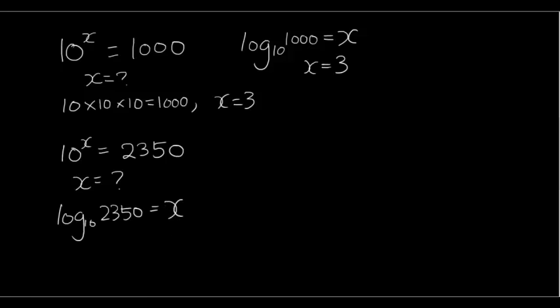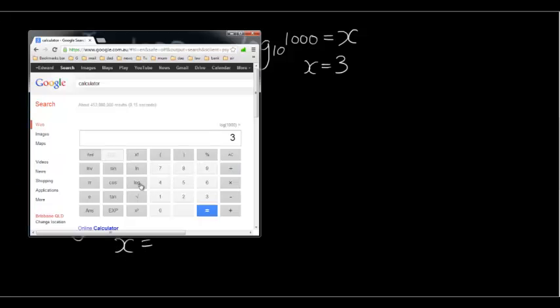So we're going to type that in the calculator. x equals log 2350, and the answer is 3.37.